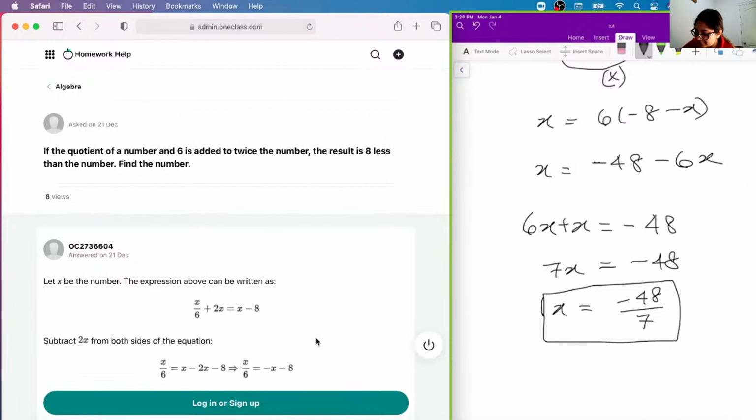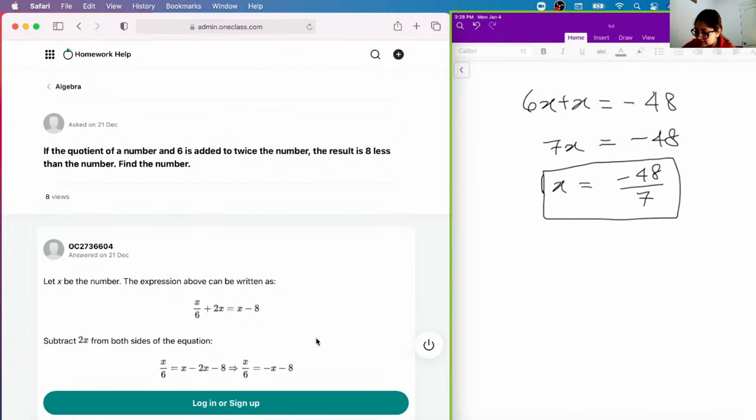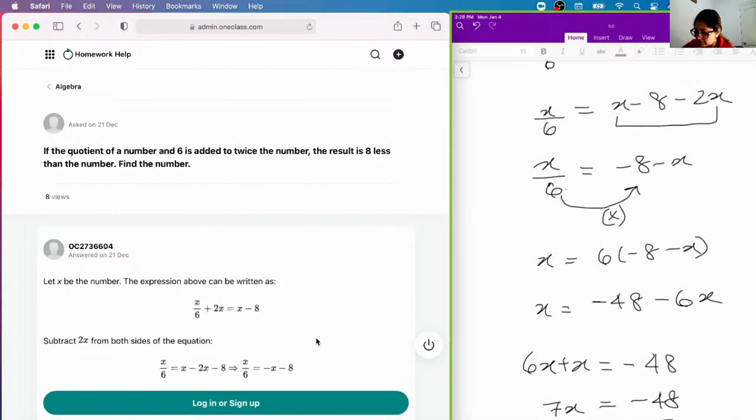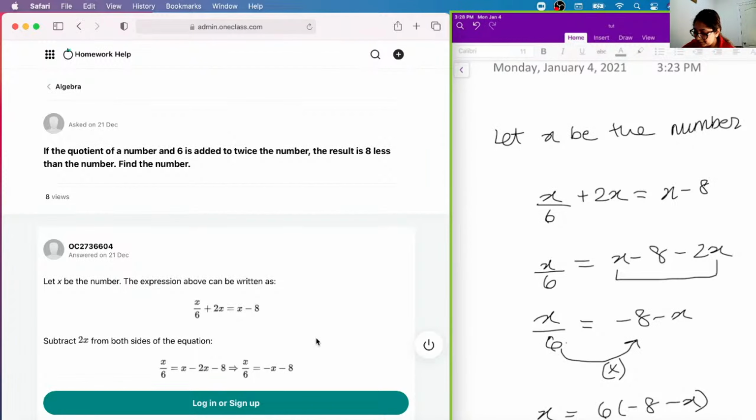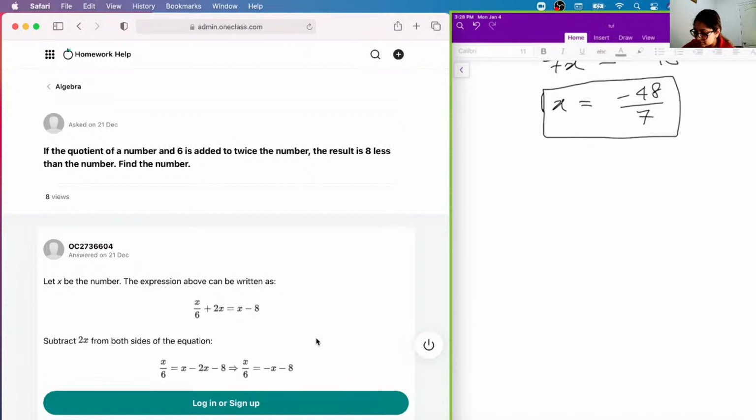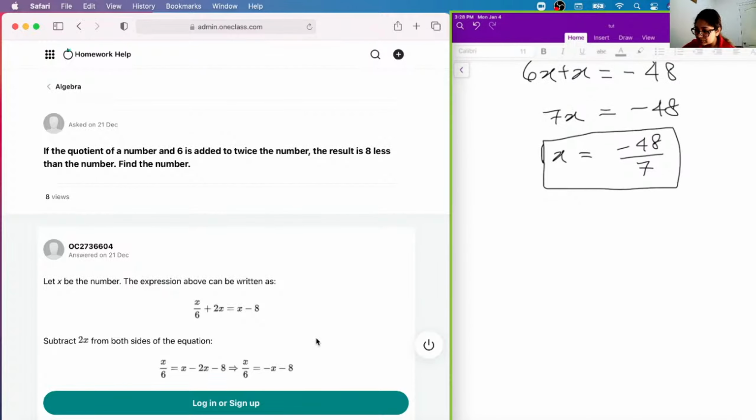And if you want to recheck whether this is the answer, you can put the x value into our first expression and see if the right-hand side equals the left-hand side. We can do this quickly right here. Our expression was x over 6 plus 2x equals x minus 8. So just substitute x here.